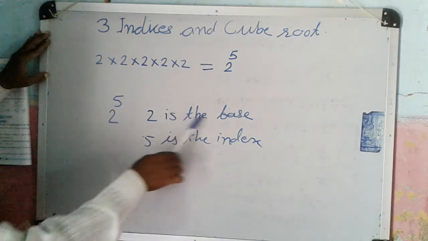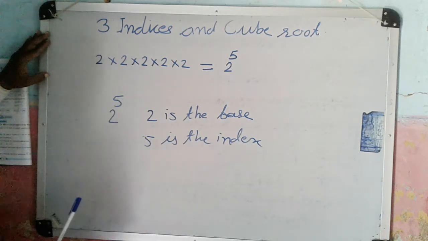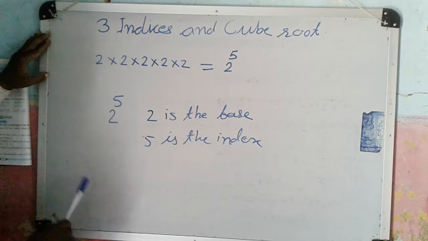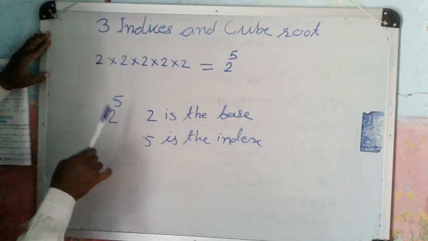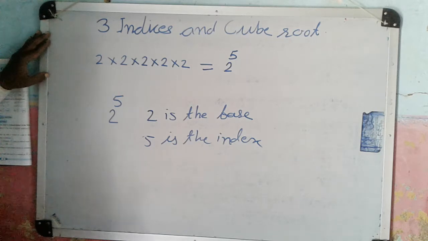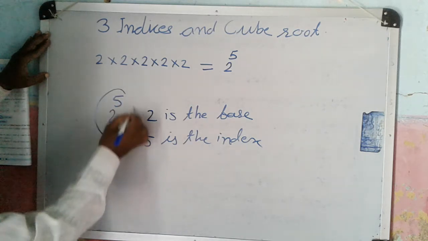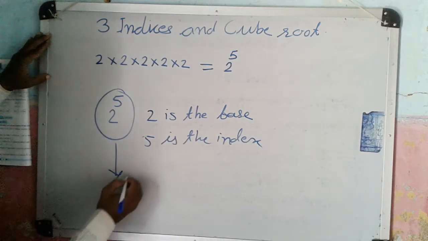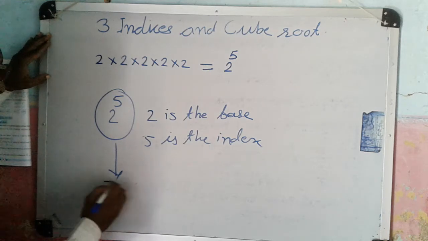So 2 is called base and 5 is called index. Here in this number 2 is the base and 5 is the index, and this number can be read as fifth power of 2, and this whole number is called the number in index form.